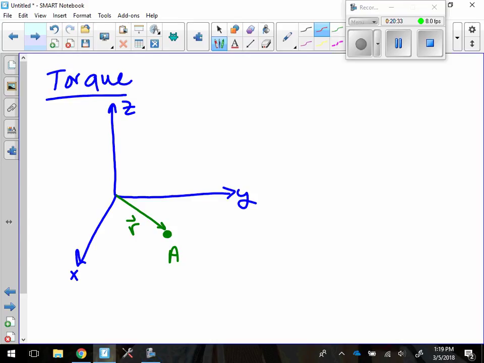And it's moving around the origin. Doesn't matter. And it's going to be acted on by a force F that makes an angle phi with the direction of r.